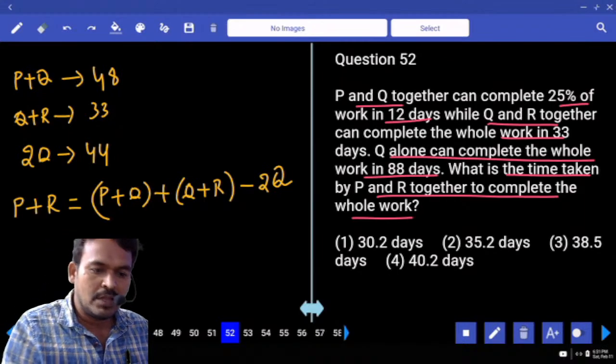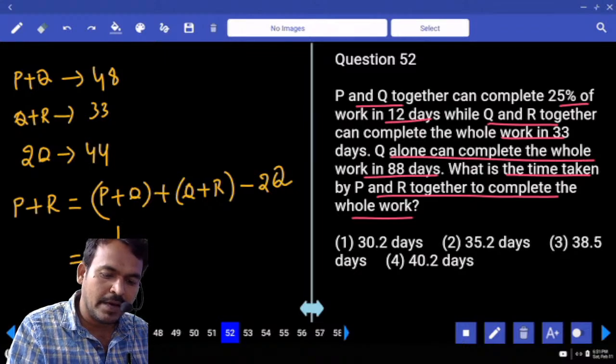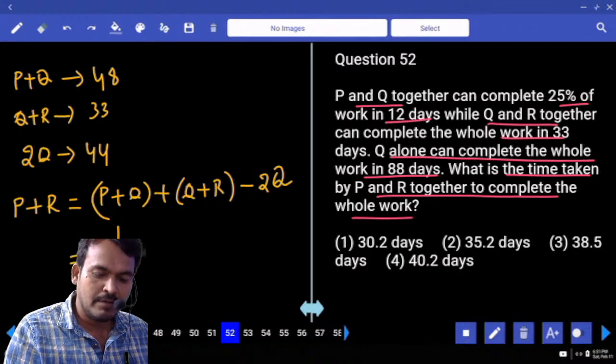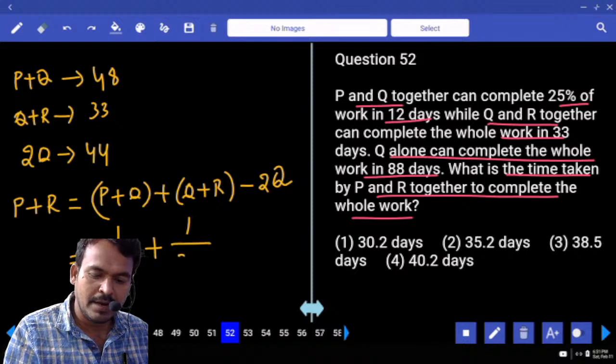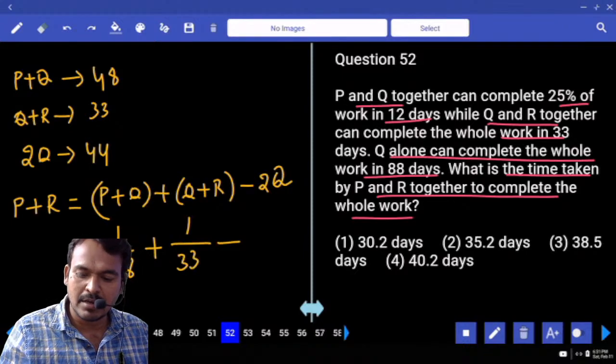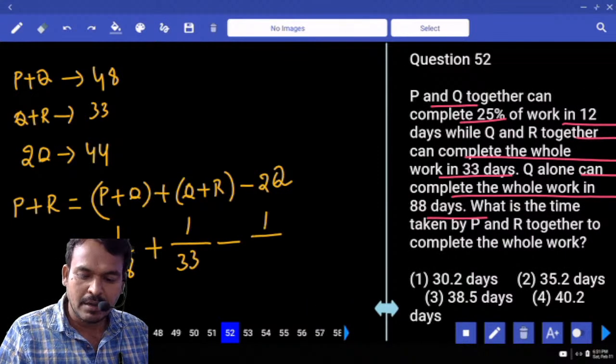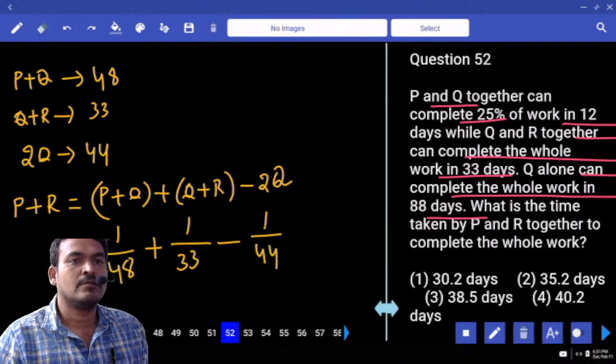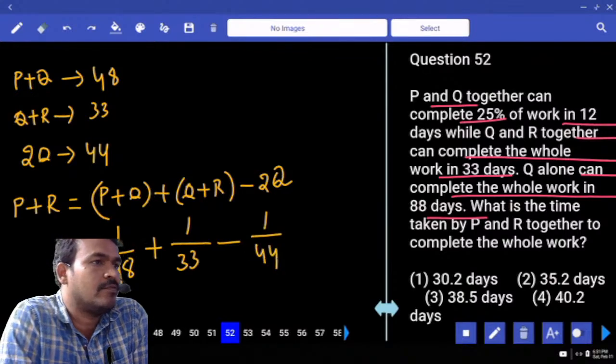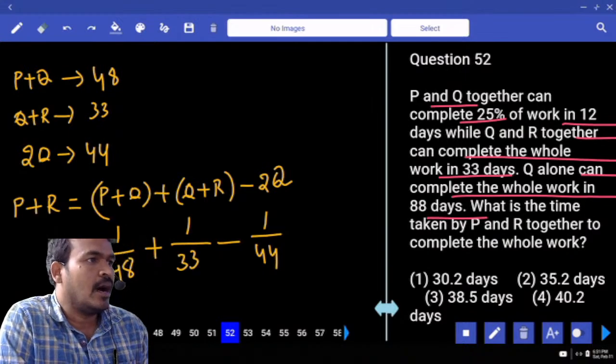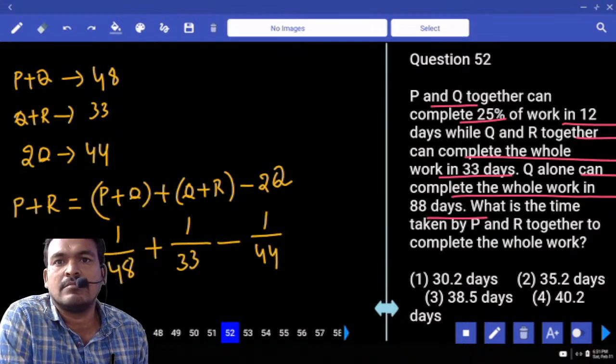The 1 day work of P and Q is 1 by 48, of Q and R is 1 by 33, and of 2Q is 1 by 44. Solving this, we get the 1 day work of P plus R. Obviously, we then get the number of days.